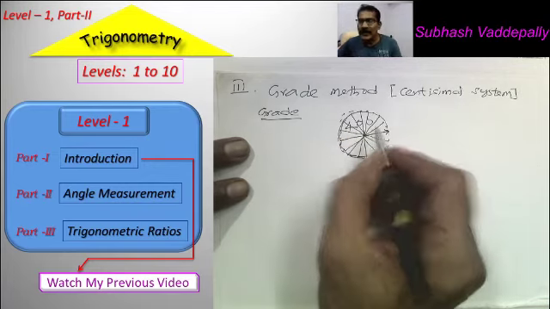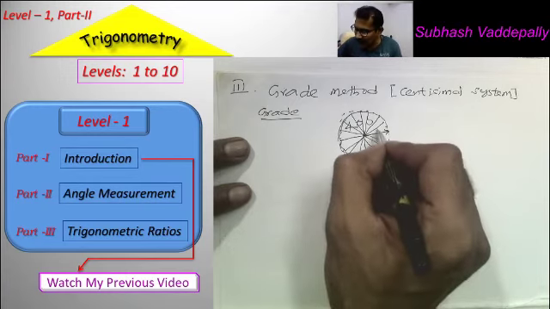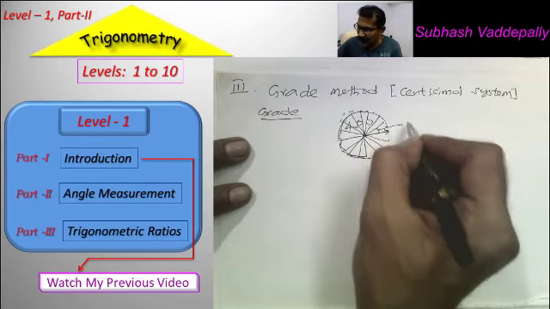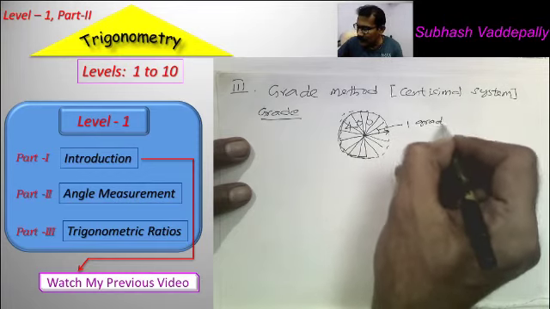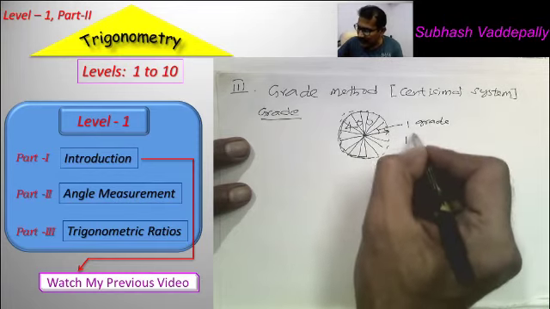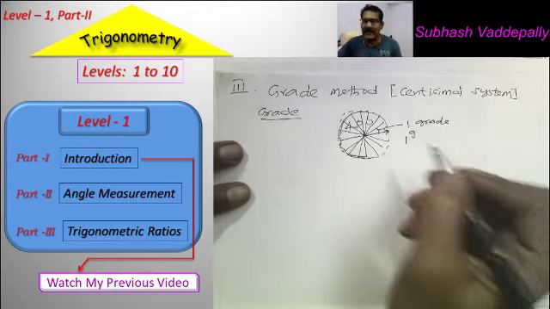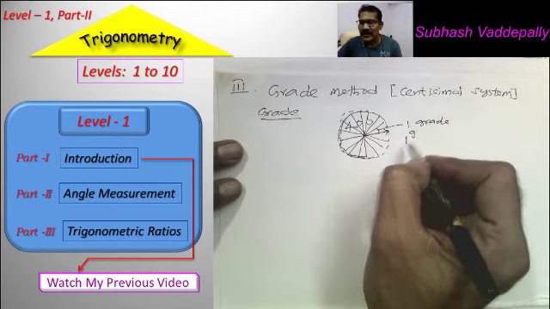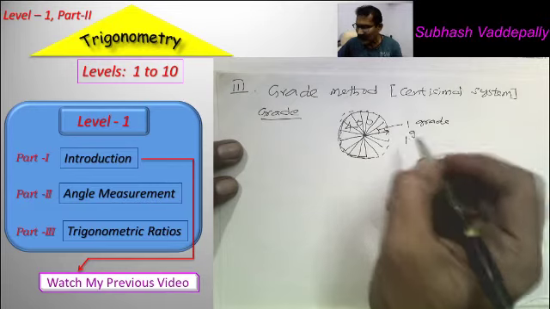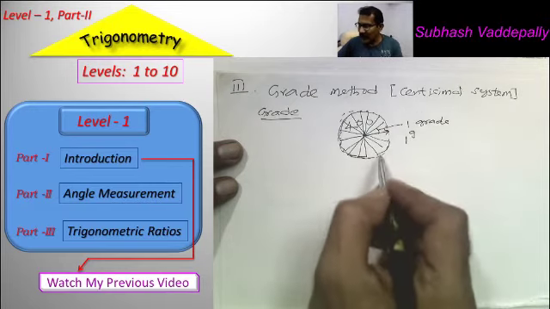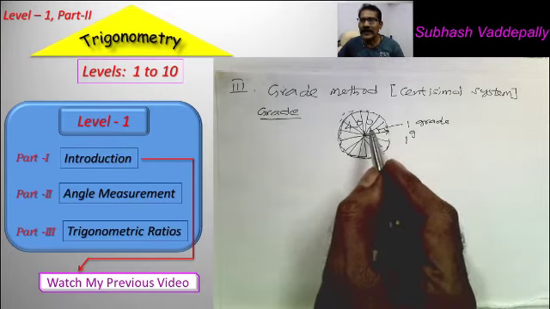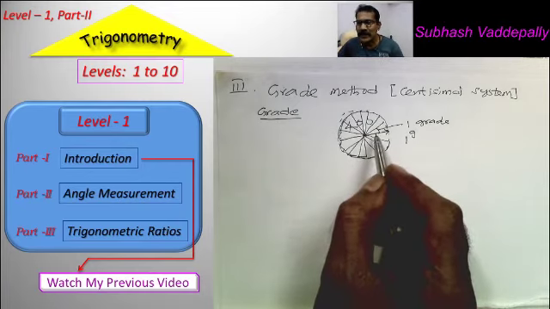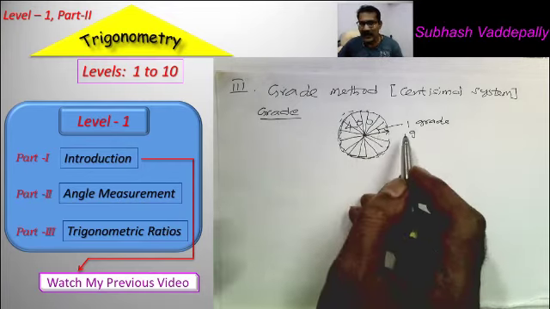Out of this 400, if I take one part, that is called one grade. That I write like 1 with G just above it. So G indicates grade. So we can define it like this: 1 by 400th part of a complete revolution of a ray with respect to its fixed point is called 1 grade.